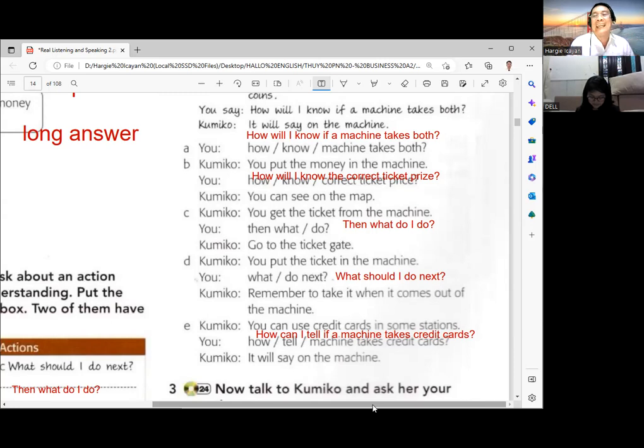Although they speak English because they are an English country, their intonation and their manner of talking is not just the same as what we are doing.